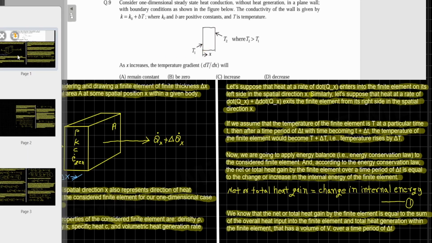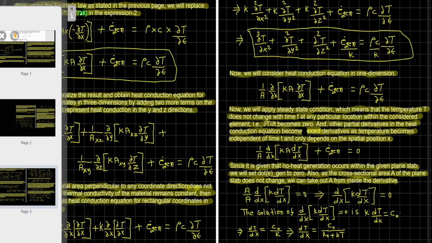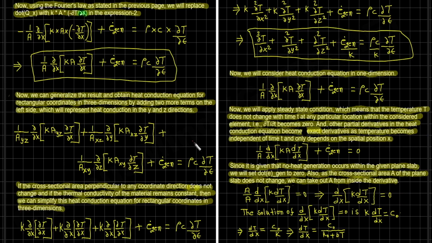Now let's go back to page 3 where our expression is. So as x increases, the temperature also increases.